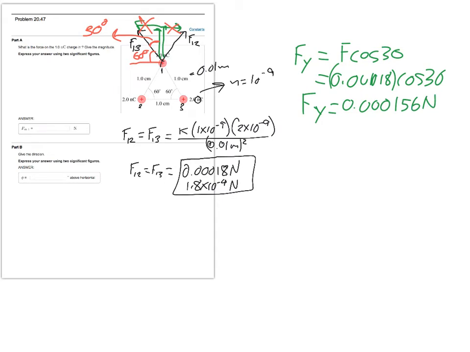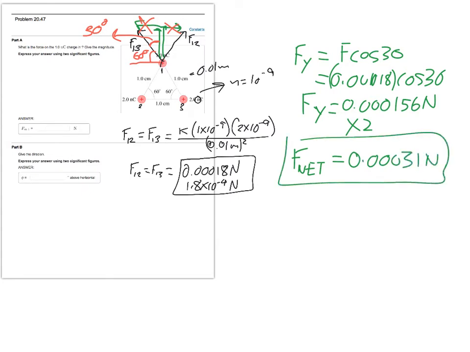Okay, so that's one y component. I'm just going to multiply that by 2 because I see there are two y components, both going in the same direction. And so I get that my net force here, acting on that top charge, is going to be 0.00031 newtons. All right, and so there's my answer there for that first part.